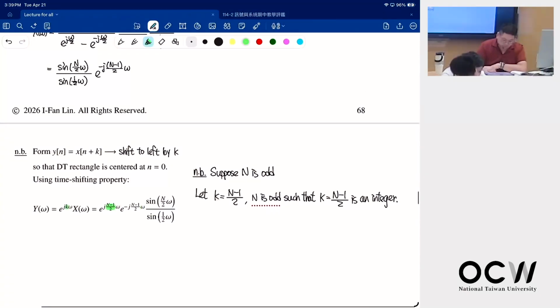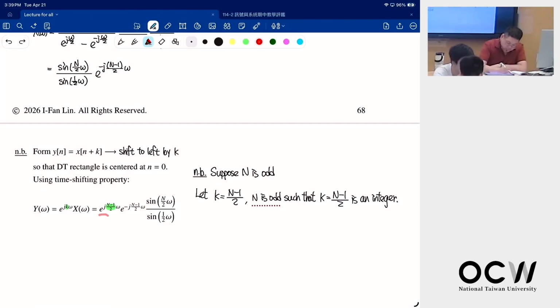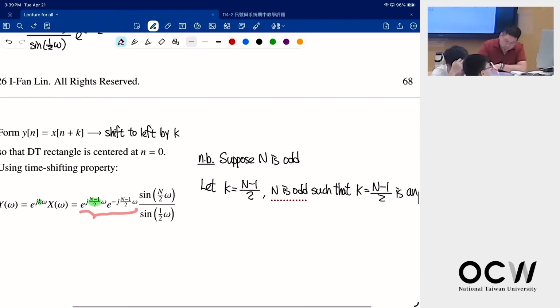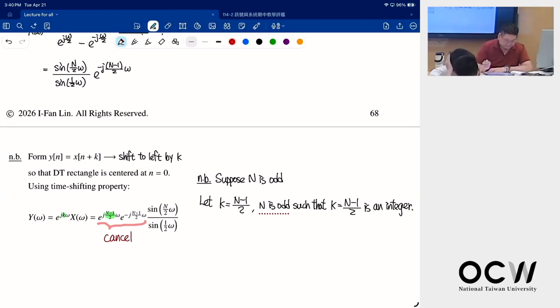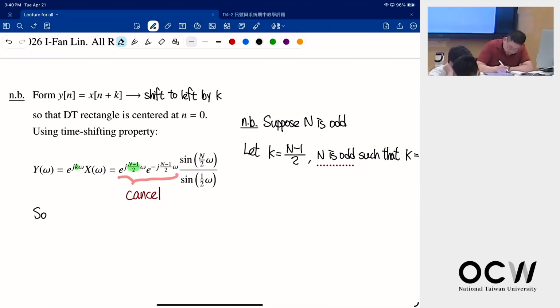Okay, and now you can see that for these two terms, they cancel out. They can cancel. So we can express that actually the signal y is u[n plus k] minus u[n minus k plus 1].